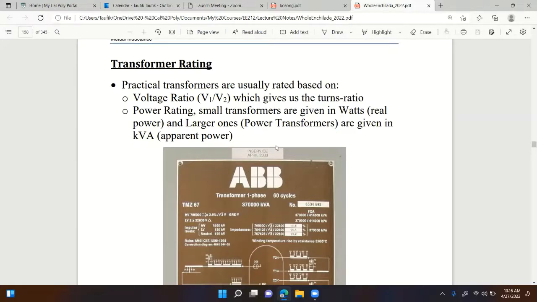They use big transformers, and so these transformers are rated in kilovolt amps. And the small transformers, the ones that you can buy to plug into the wall plug, for example, would be rated in watts. So small transformers in watts, big transformers in kilovolt amps.